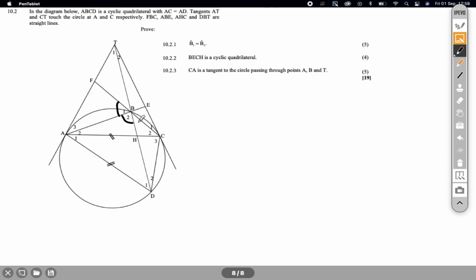Okay, so from that, if you look at this B1, it is equal to this angle, which is the interior angle of a cyclic quad. So you can say that B1 equals angle D, exterior angle of cyclic quad.